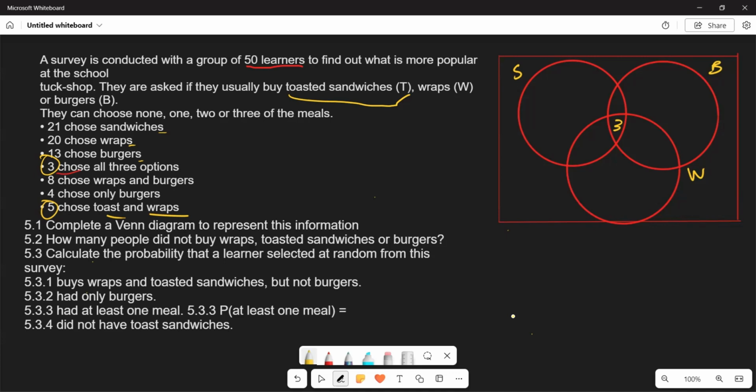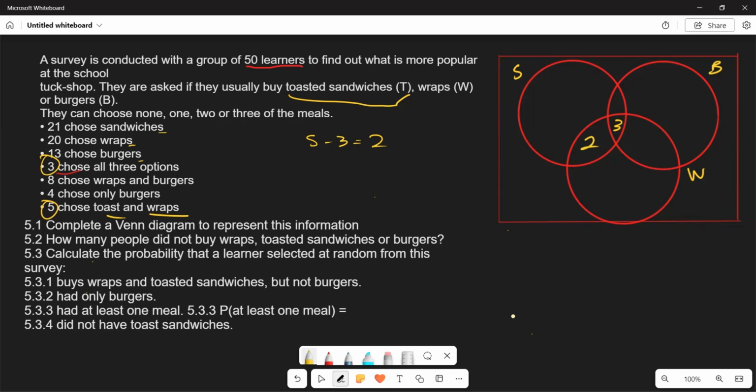They've taken from both. So which means for you to get the 5, this is going to be 5 subtract 3, which is going to be 2. So those who are having the sandwich and also the wrap are going to be 2. So you're going to represent it by 2. And now we are moving along.